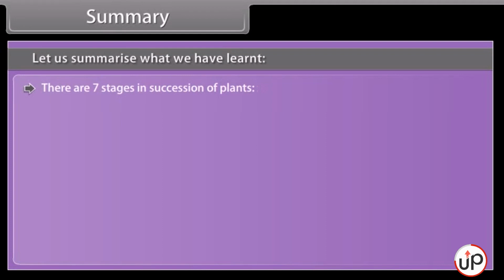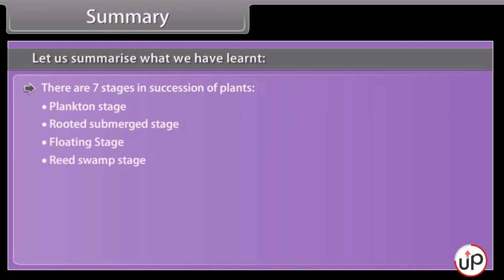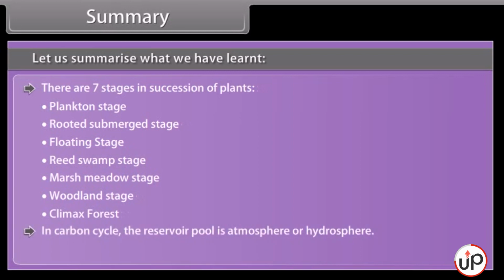There are 7 stages in succession of plants: plankton stage, rooted submerged stage, floating stage, reed swamp stage, marsh meadow stage, woodland stage, and climax forest. In the carbon cycle, the reservoir pool is the atmosphere or hydrosphere. In the phosphorus cycle, the reservoir pool is the lithosphere.